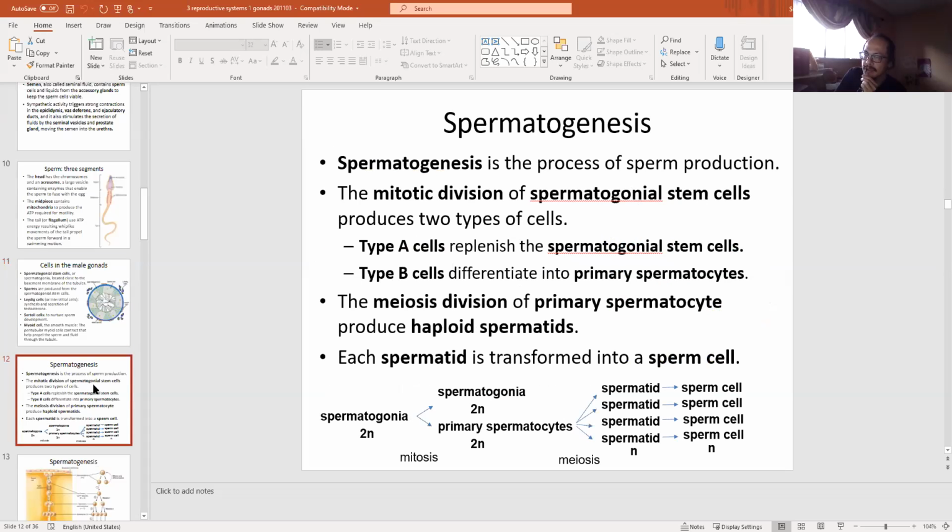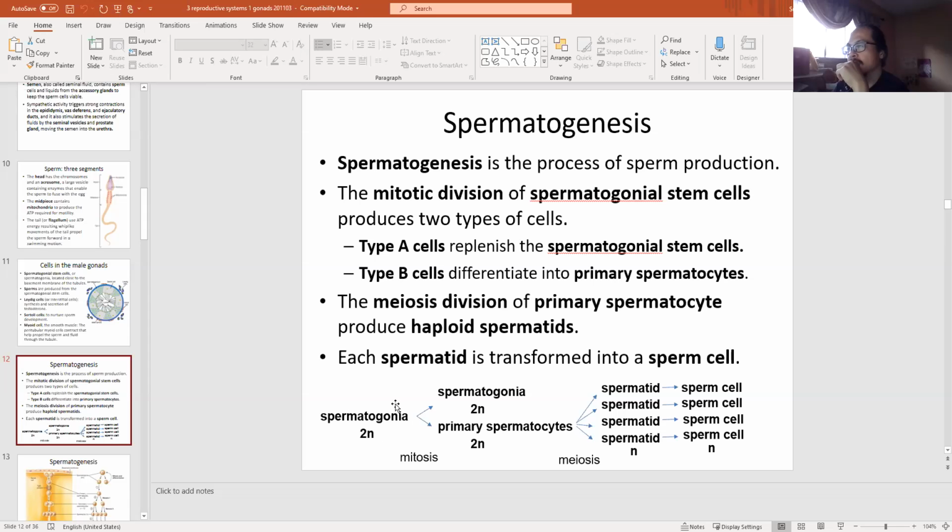All right, so let's look into spermatogenesis. How does sperm get produced? It comes from mitosis and meiosis, very typical cell division. First of all, we have the spermatogonia.